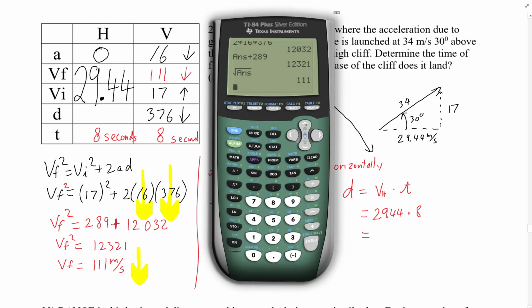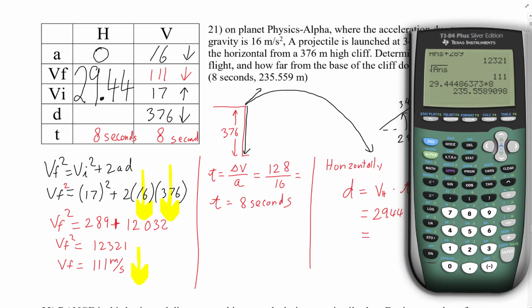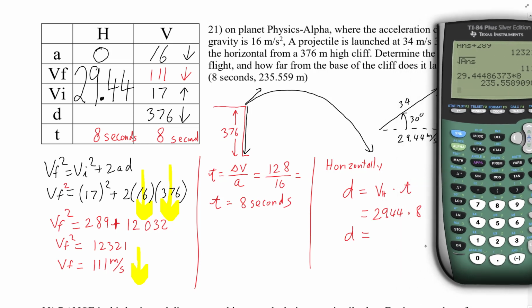So I will take that number I calculated already up here, 29.44, and multiply it by 8. So the range is 235.6 meters. That's how far the horizontal range is.